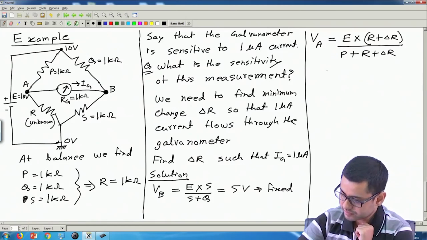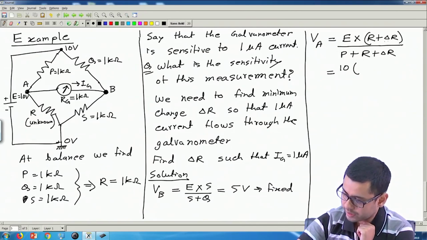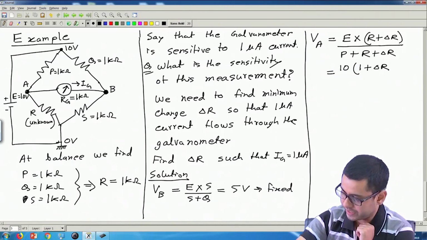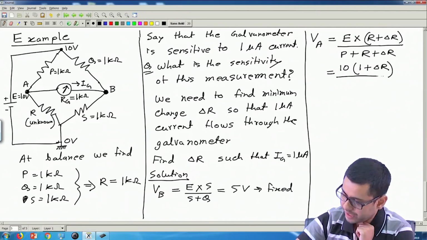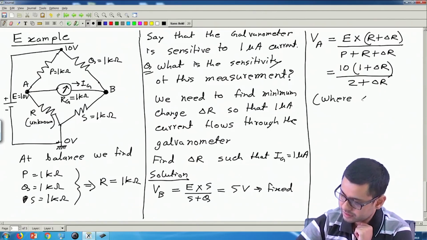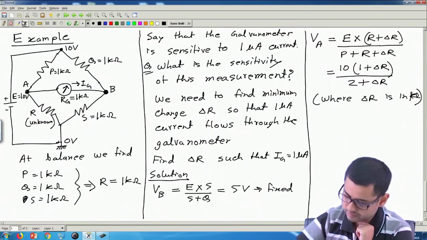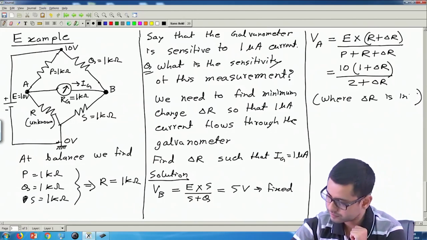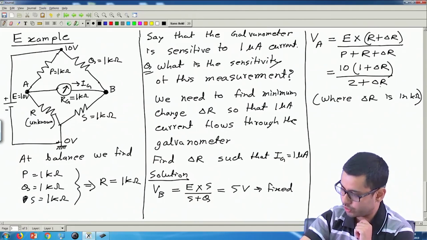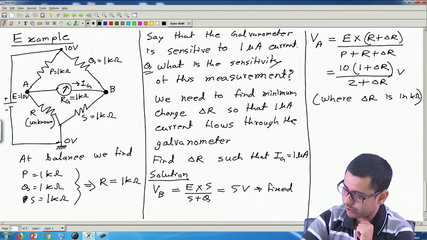So this is 10 multiplied by 1 plus delta R, this is 1 kilo ohm, and delta R we are taking in the same unit, kilo ohm, divided by P is 1, R is 1, so 2 plus delta R, where delta R is in kilo ohm, and this is in volt. So this is the value of VA.